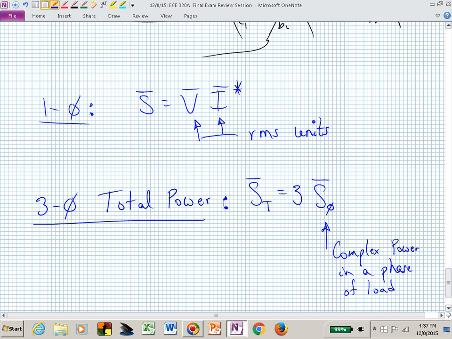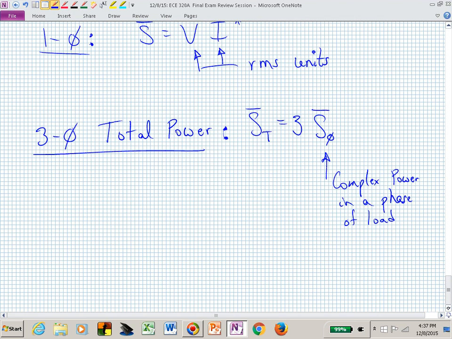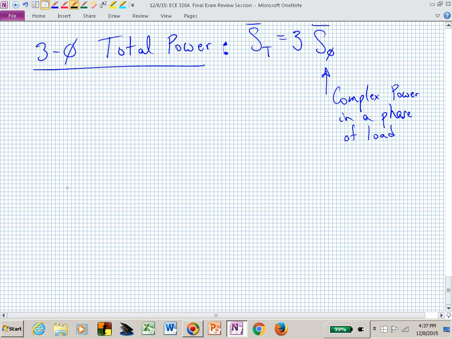So that's one way of finding it, but we are actually starting with this. We've now computed up above S sub t, whatever it was, 43,600 plus j24,800 volt amperes.